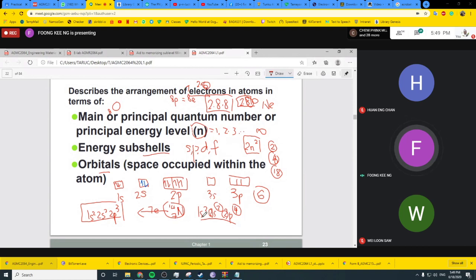Electronic configuration. If you stay with the old way of writing electronic configuration, there's absolutely nothing wrong, but you cannot explain the phenomena observed in the character of a certain material. Especially for semiconductor materials, the energy band cannot be illustrated clearly by that way of writing electronic configuration. Any questions from anyone here?